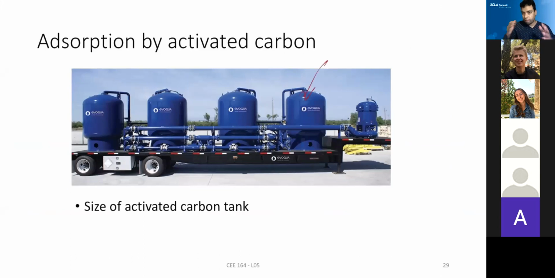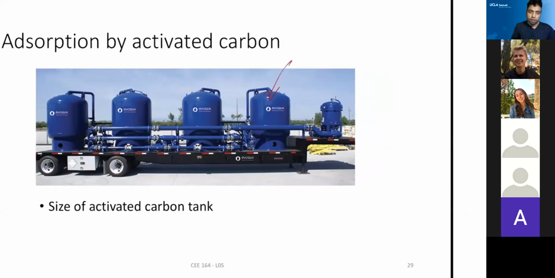As part of this class, you are going to design this treatment system. You will determine how much activated carbon you need, how big the tank size should be, what the flow rate should be, and how you pack them. You learn all that design configuration.